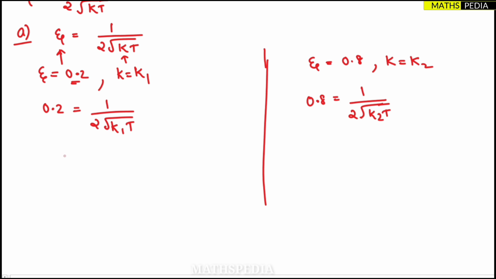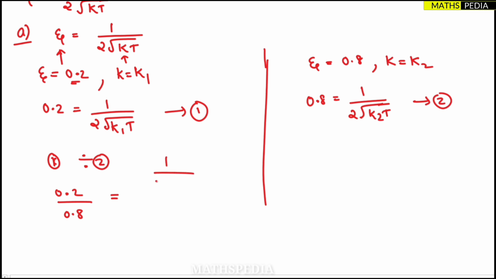Mark this as 1, this as 2, and divide 1 by 2. It will be 0.2 divided by 0.8 on the LHS, and on the RHS 1 by 2 root k1t divided by 1 by 2 root k2t.